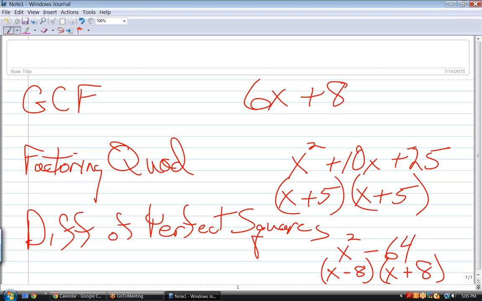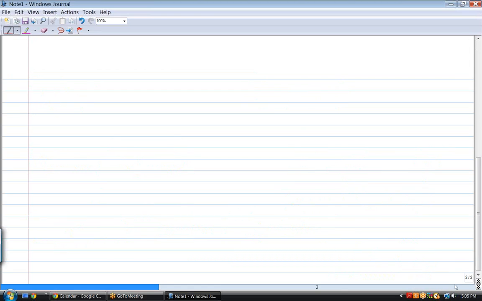Plus 8. It's always the conjugate. In other words, you just take this term, change the minus to a plus, and you got your second term. Okay? All right. Now, I'm going to give you some problems, and you tell me whether it's greatest common factor, or quadratic factoring, or difference of perfect squares.